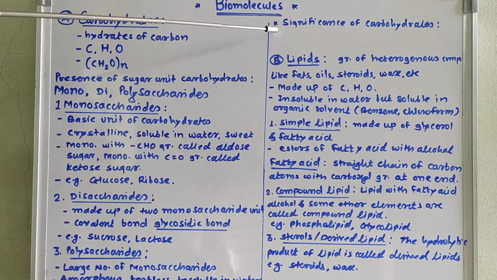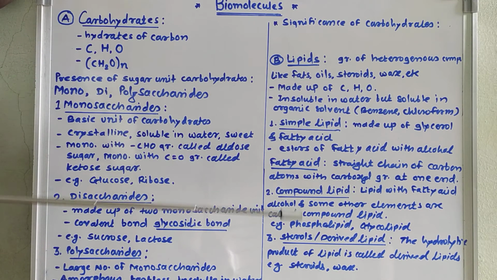And lastly, the significance of carbohydrate. There are many significances of carbohydrate, but we studied only some important ones. First, carbohydrate provides energy for metabolism. Second, monosaccharide, for example glucose, is the main substance for synthesis of ATP, and ATP means adenosine triphosphate.